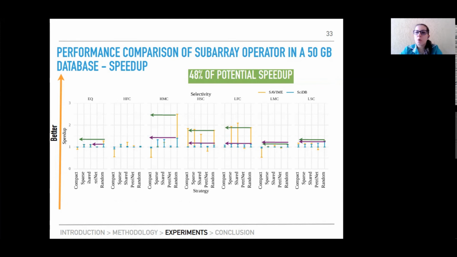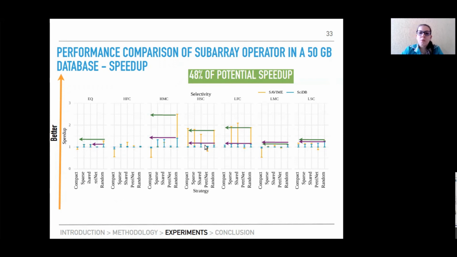Using just one chunk with high selectivity and low selectivity, 20% of the chunks with high selectivity and low selectivity, and finally, many chunks with high selectivity and low selectivity.